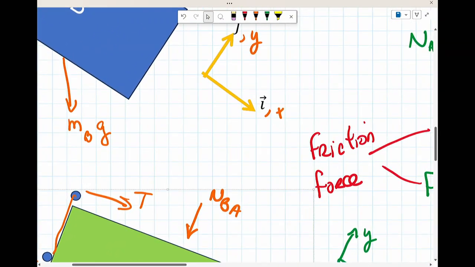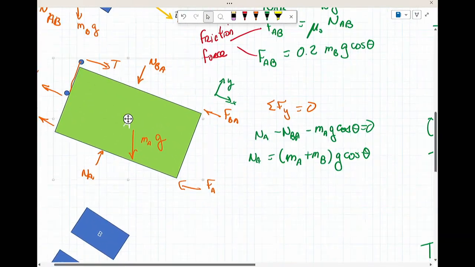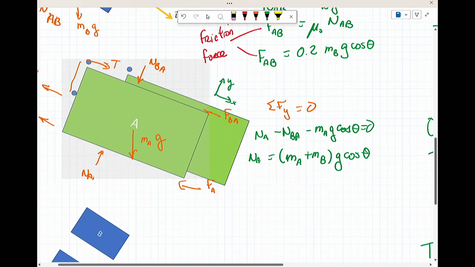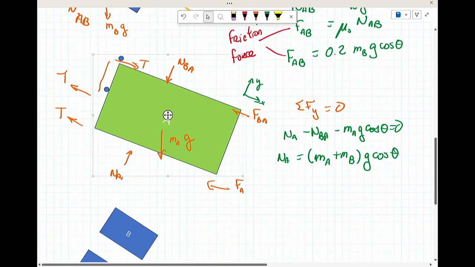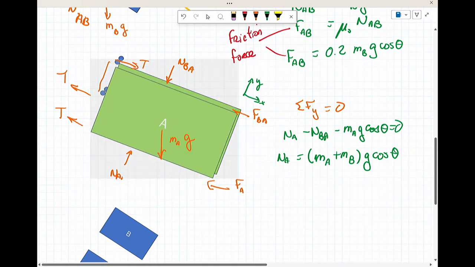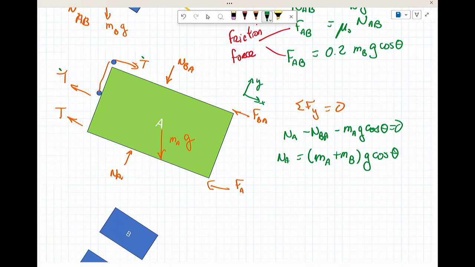In the second FBD for the A block, I understand why we include the bottom left tension force, but the two tension forces above that are not actually connected to the block. So why do we consider them? So you're talking about this one and this one, right? Those two tension forces are acting on the block.